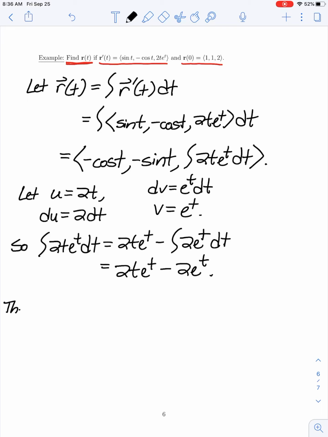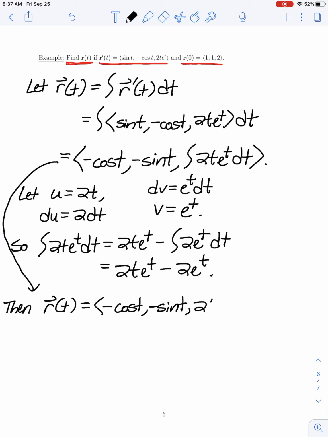Looking at our expression for r of t, we have the vector function whose components are negative cosine t, negative sine t, and 2t e to the t minus 2 e to the t. Since we were considering an indefinite integral, that is, we're looking at the most general antiderivative of this function, we need to include a constant of integration.